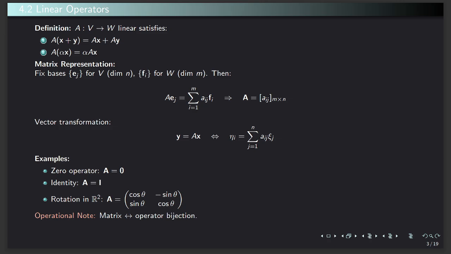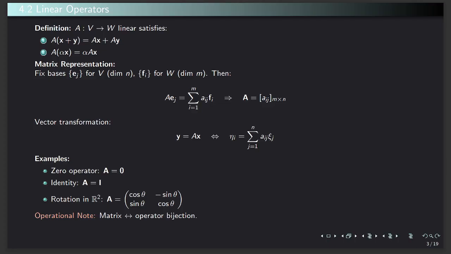I hope that's clear. If not, I would go through the text, because it'll explain it better than I do. But from a high level, this matrix provides a concrete computational engine. The transformation of an abstract vector x onto vector y is achieved by multiplying the coordinate vector xi by the matrix A to obtain the output coordinate vector eta.